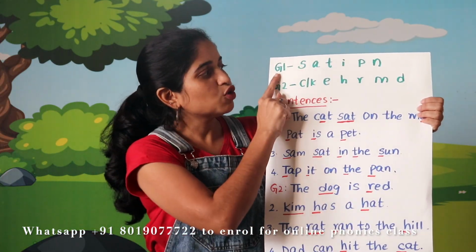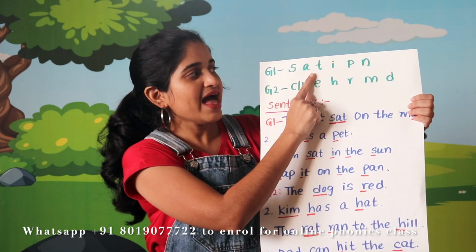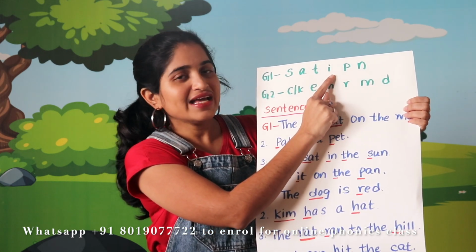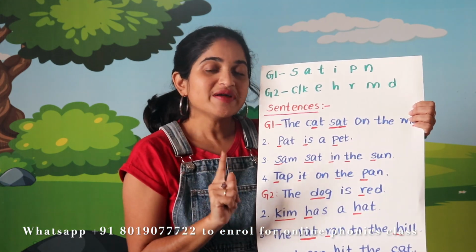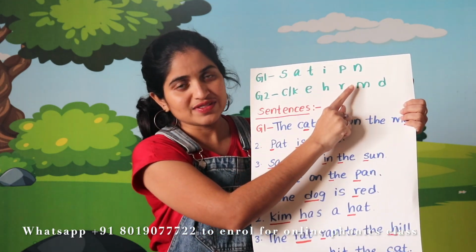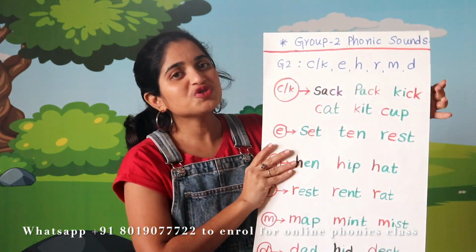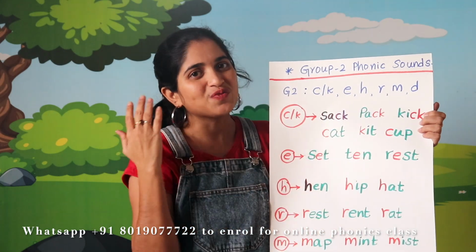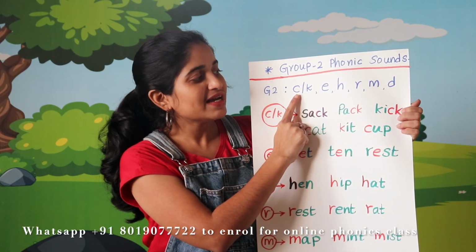So let's begin. So children, as we all know, the group 1 phonic sounds are S, A, T, I, P, N. I already made a video on the group 1 sounds. So in today's class, we are going to learn about the group 2 phonic sounds. And what are they? Tell me the name of this letter, children.